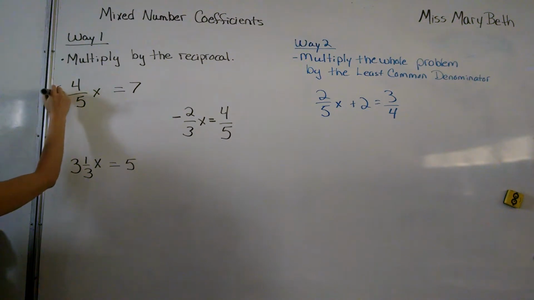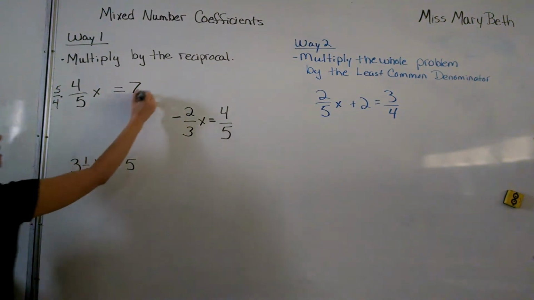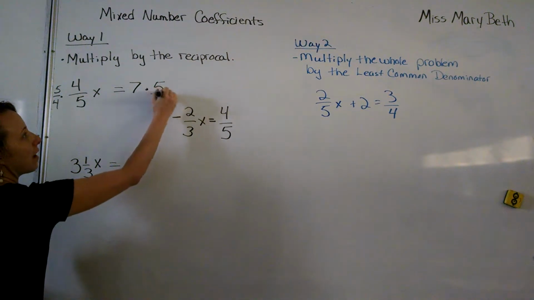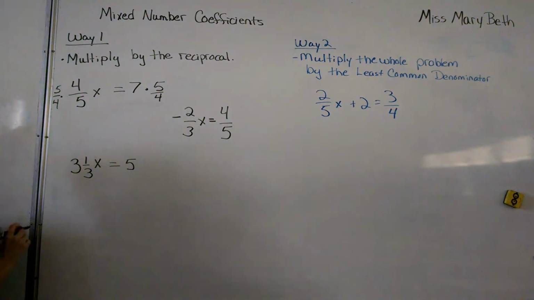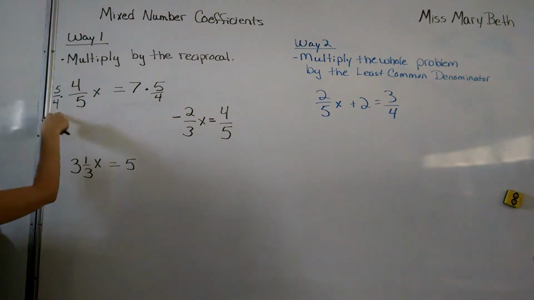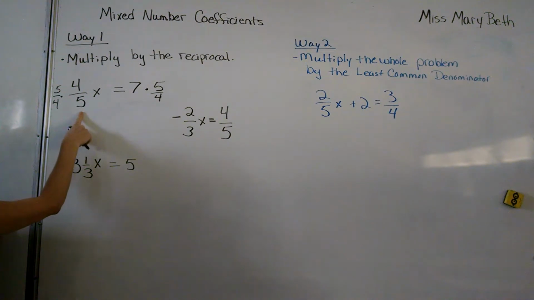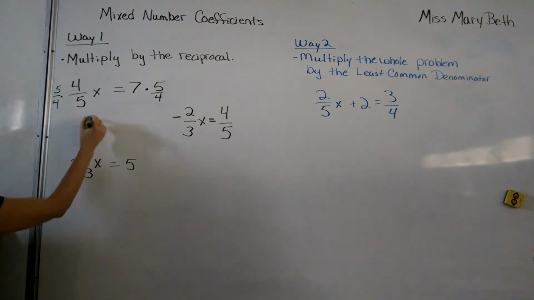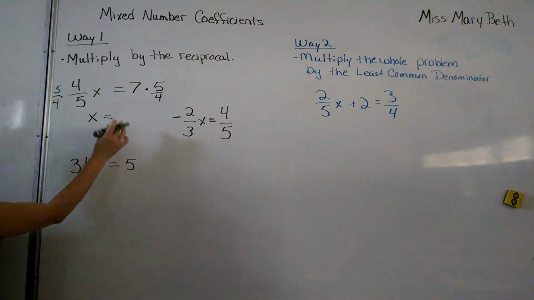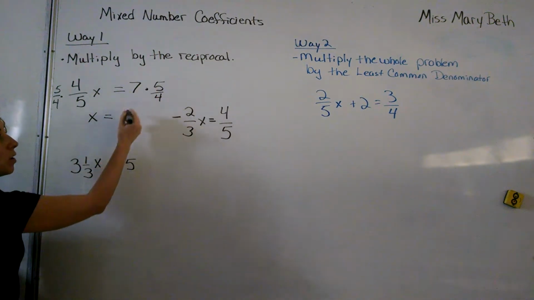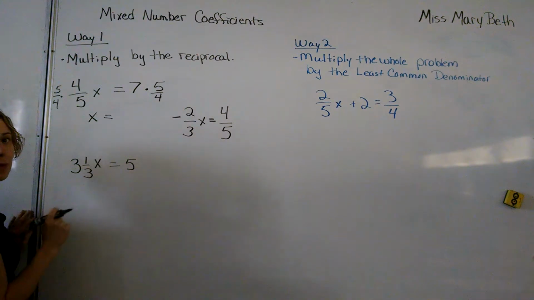Times 5/4 on both sides. 5/4 times 4/5 equals 1. 1 times x is just x. 7 times 5/4. We don't want to multiply a whole number times a fraction.